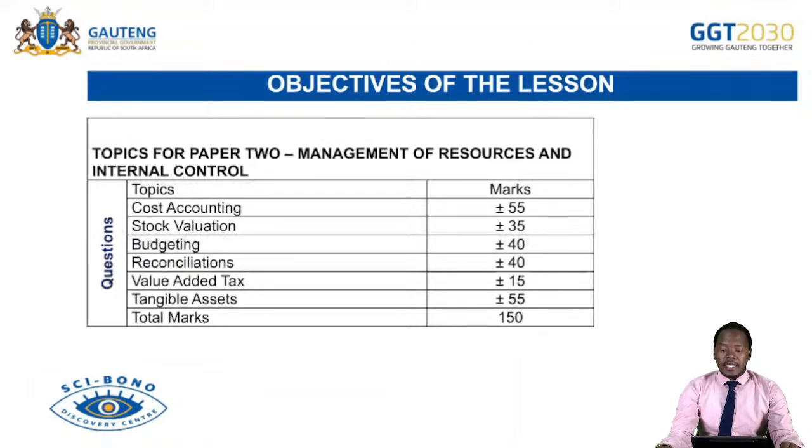Then we'll have budgeting, which will be plus or minus 40 marks. We will have reconciliations, which will be plus or minus 40 marks again. And then we'll have value-added tax, which will be plus or minus 15 marks. Then we'll have tangible assets, which will be plus or minus 55 marks. Now, grade 12 learners, you will be writing 450 marks tomorrow.